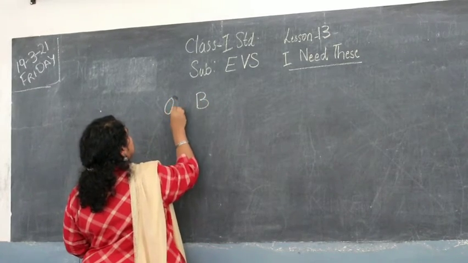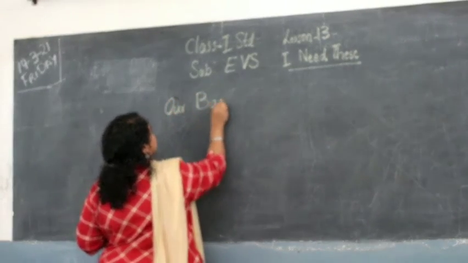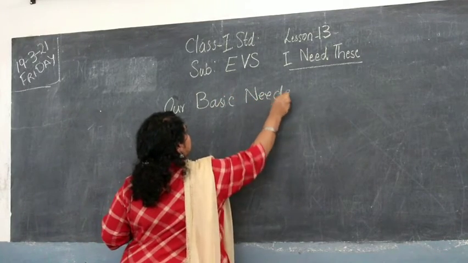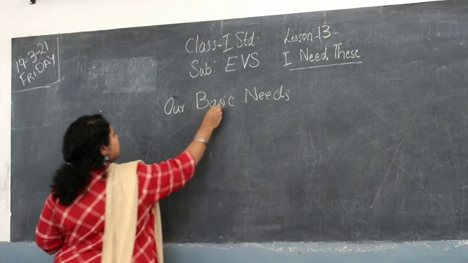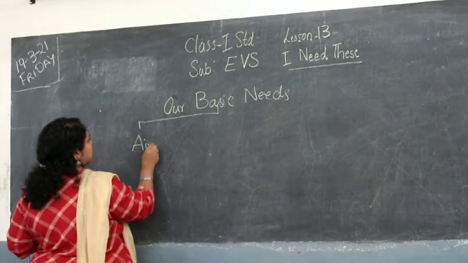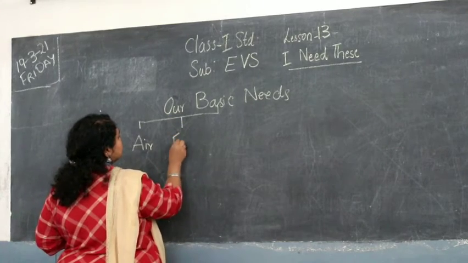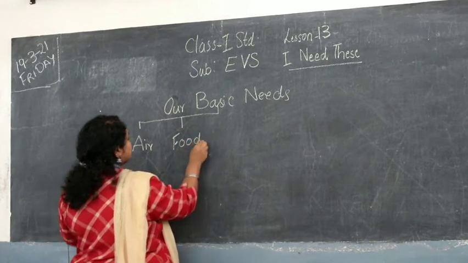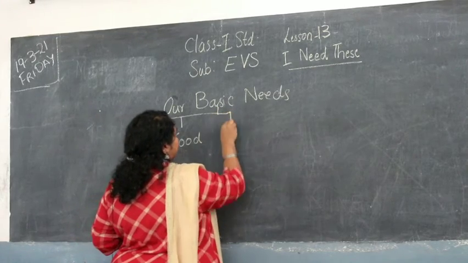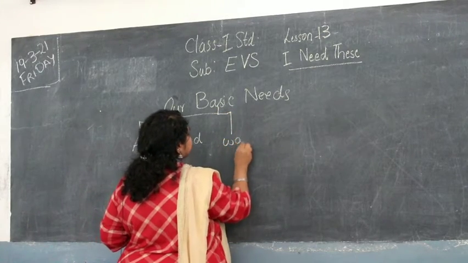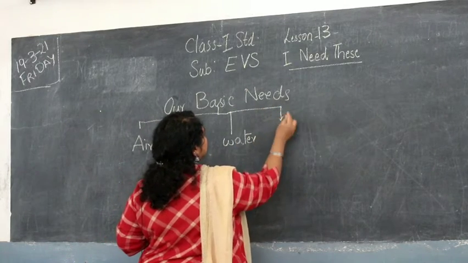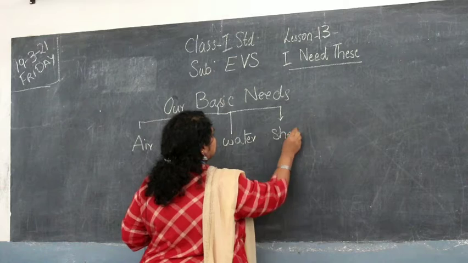Our basic needs are air to breathe, food to eat, water to drink to quench our thirst, and then shelter.